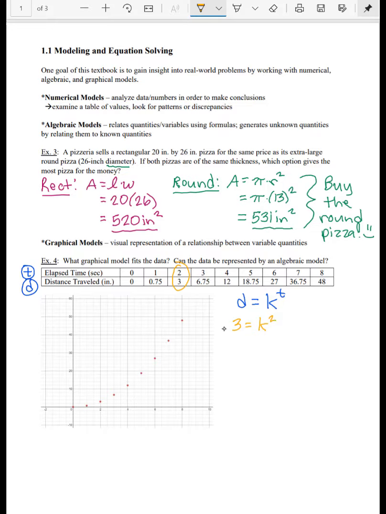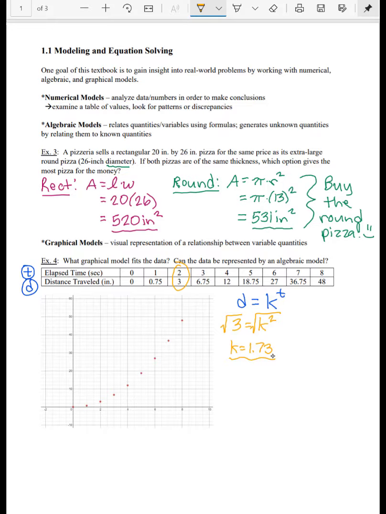So it would be real quick to solve because I would just need to take the square root on both sides. And if I do the square root of 3 in the calculator, and then round it to the hundredths place, about 1.73 would be an approximation for our constant k.